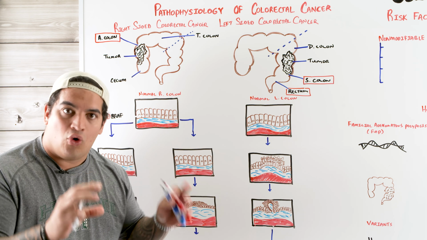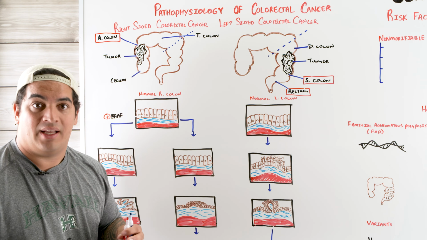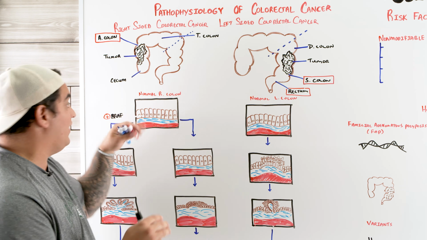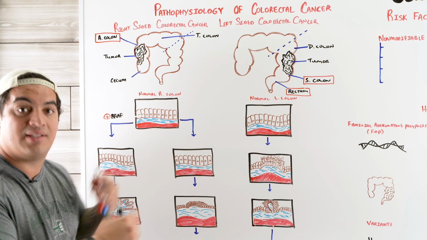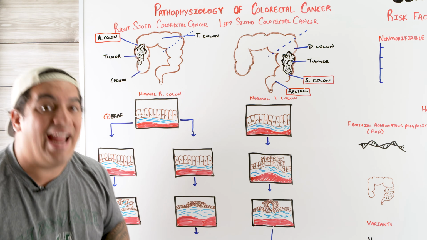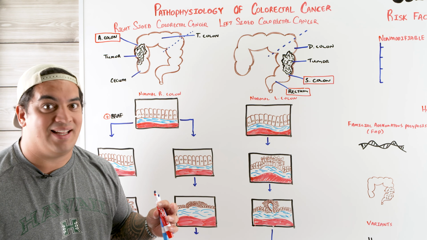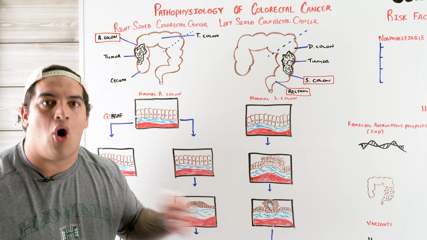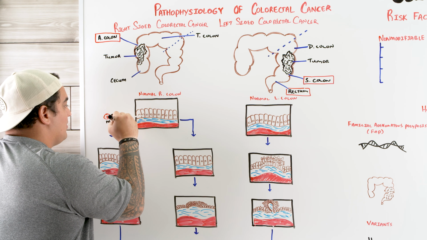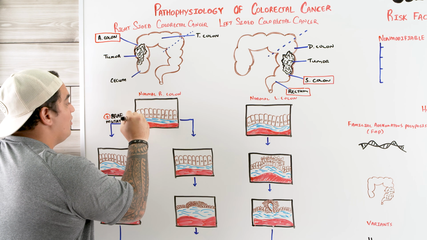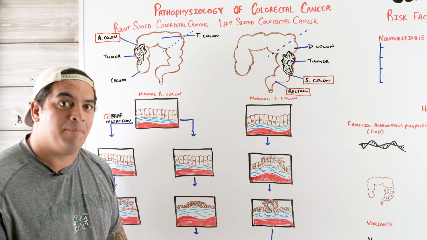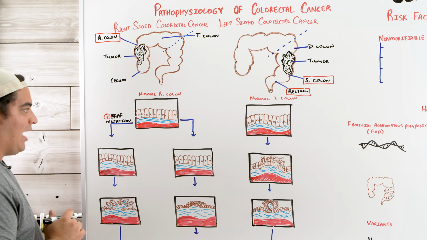Now, normally, a BRAF gene is connected with a receptor. And when a growth factor hits that receptor, it activates BRAF, sends the signals down to the nucleus, and tells it to proliferate. If I have a BRAF mutation, that means that the BRAF enzyme is always on. It's always signaling to the nucleus to proliferate, proliferate, and proliferate. That's what usually becomes a problem.